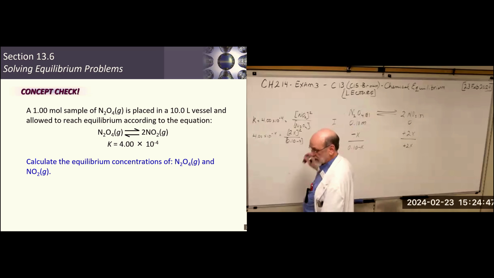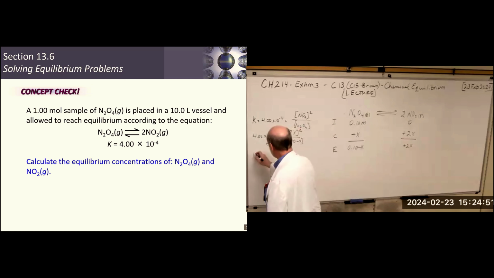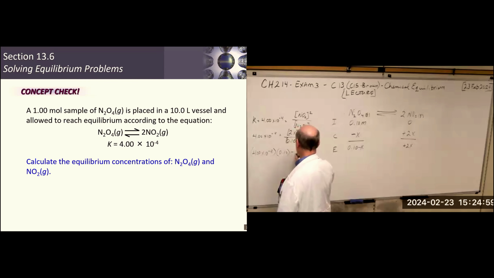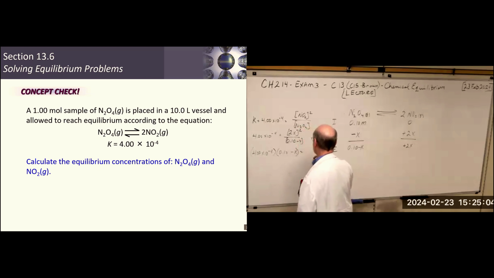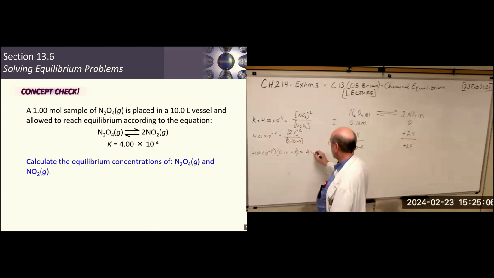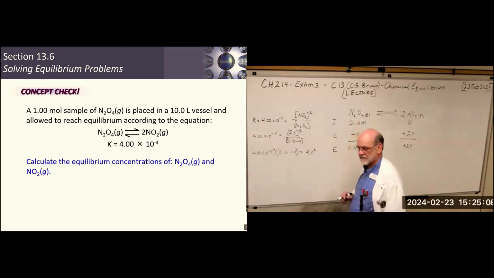Okay, we might as well go ahead and do all this. So I'm going to take this expression and put it over here. I might as well write the whole thing out so it will be 0.10 minus x equal, this would be 4x squared, right?